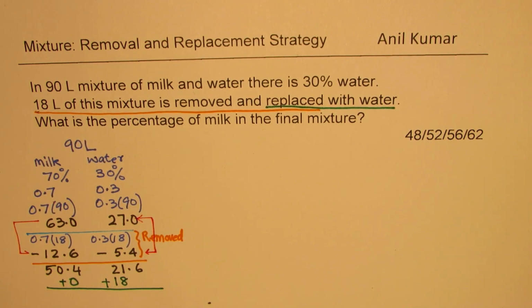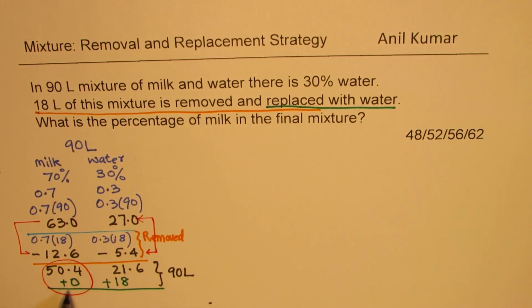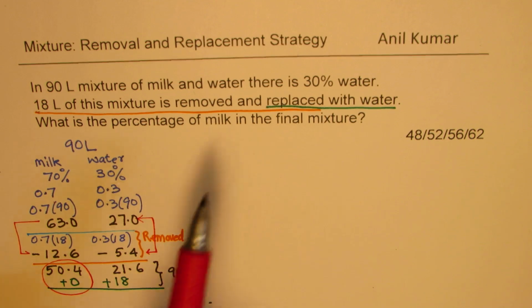This total is 90 liters back again, since 18 was removed and 18 was added. But in this 90 liters, we only have 50.4 liters of milk.